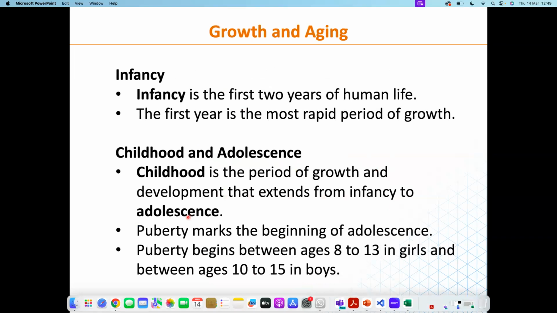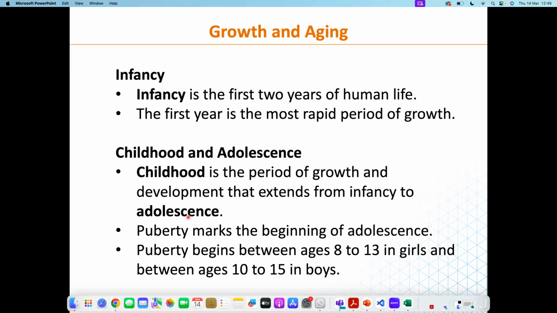Now let's talk about infancy. After the baby has been born, infancy is the first 2 years of human life. The first year is the most rapid period of growth.